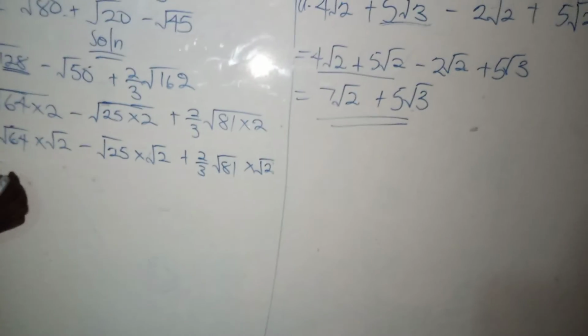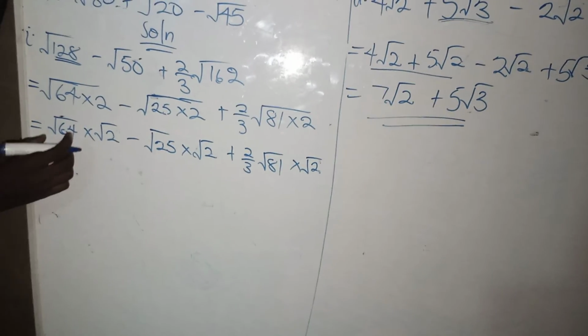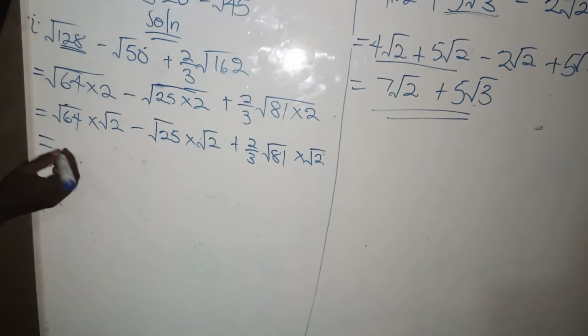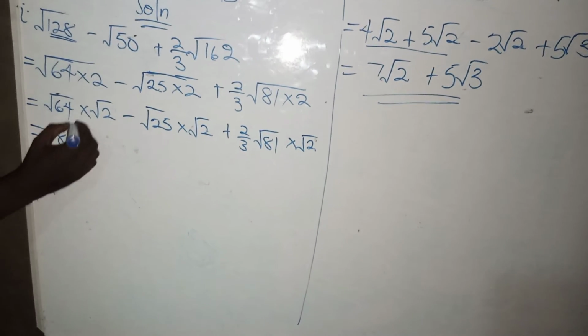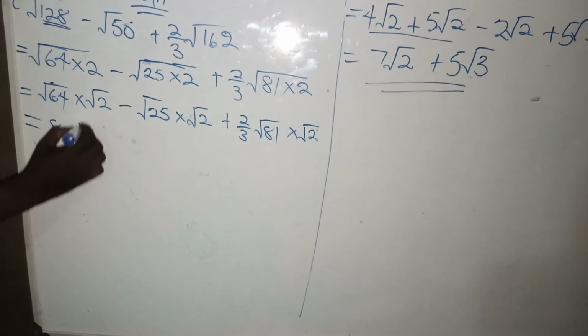Now root of 64 is a perfect square, which will give you 8, so this is 8 root 2.